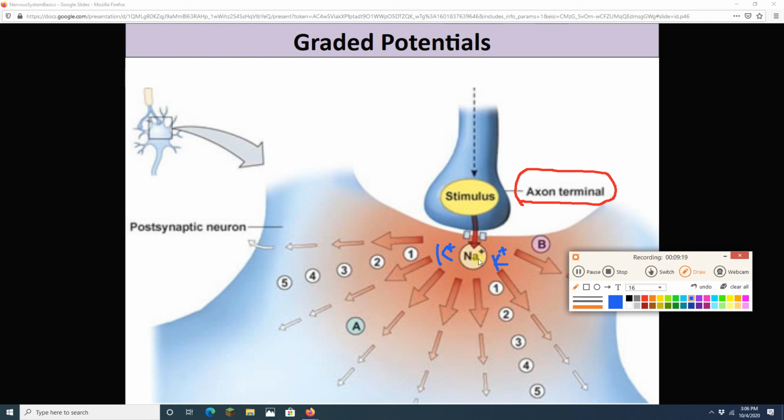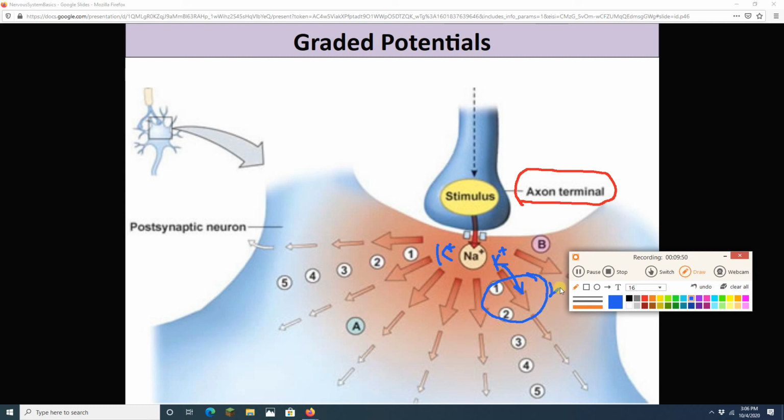When the sodium rushes in, does the sodium attract or repel the potassium? They're both positively charged. They're both cations. And we know opposites attract. Things that are similar are going to repel. So when the sodium rushes in, it pushes this potassium this way. And then now this spot is going to have more potassium than before.